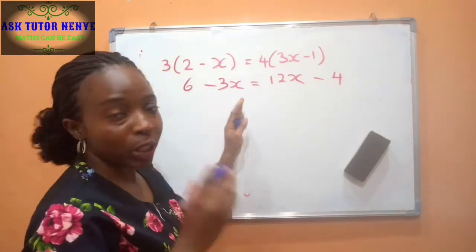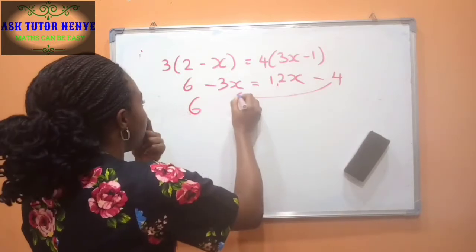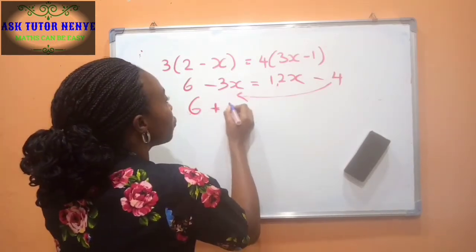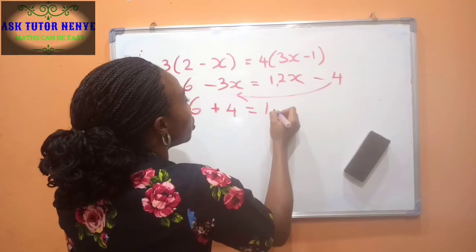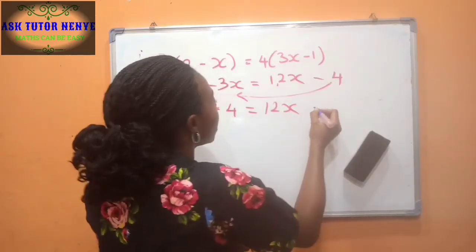Now we've opened up the bracket, we can collect like terms. We have 6. By the time the plus 4 comes here, we have what? Plus 4 equals to 12x, and then the 3x comes to the right hand side, we have what?